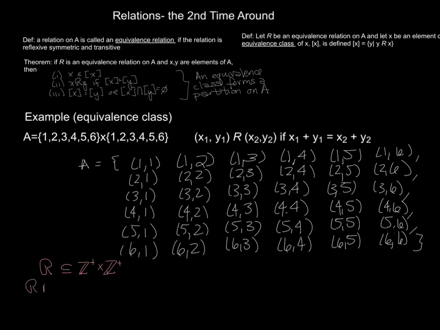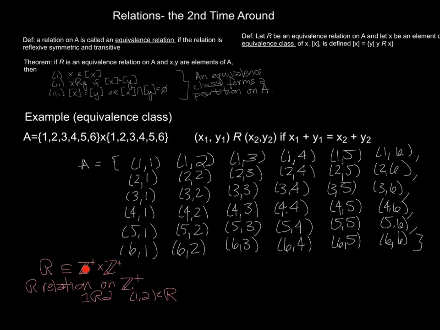R was a relation on Z plus. In other words, we took an element of Z positive, maybe 1, and said it was related to another positive integer, maybe 2, so (1, 2) was an element of the relation. That is what this notation was saying: R was a subset of Z positive cross Z positive.